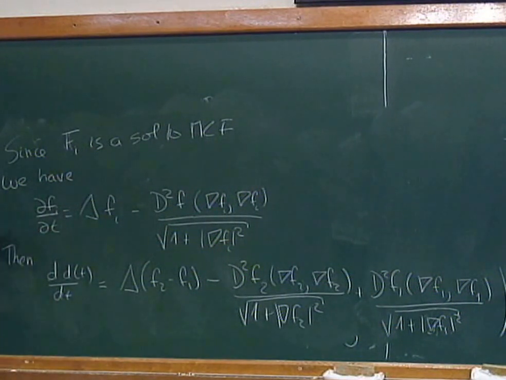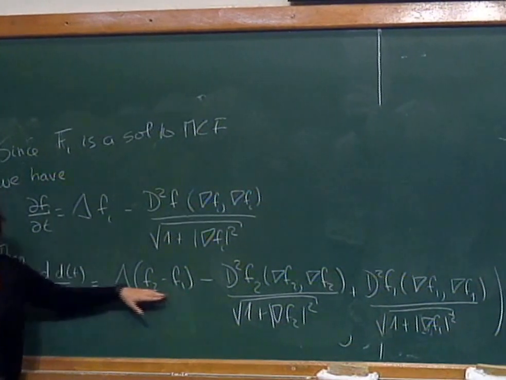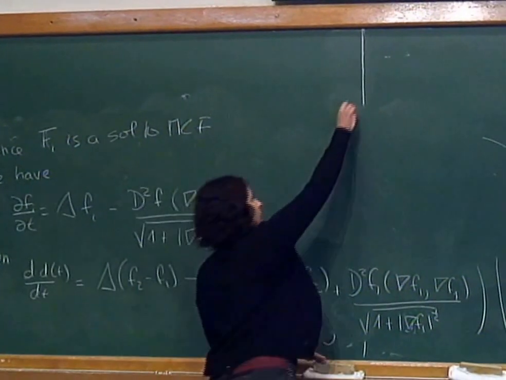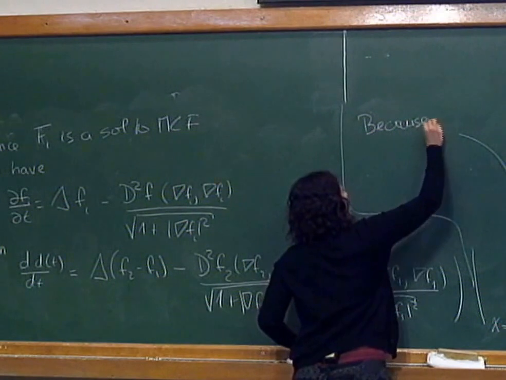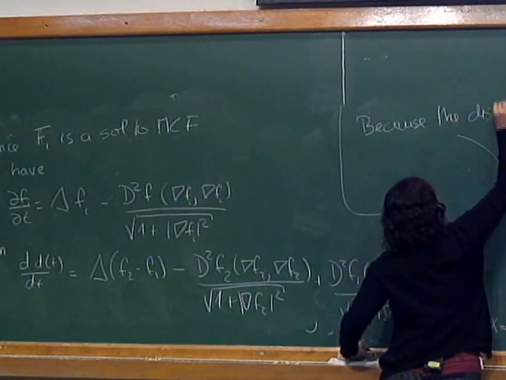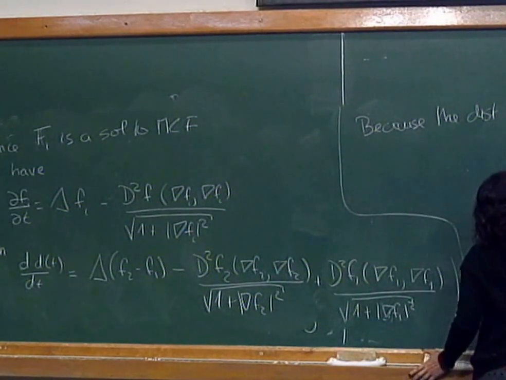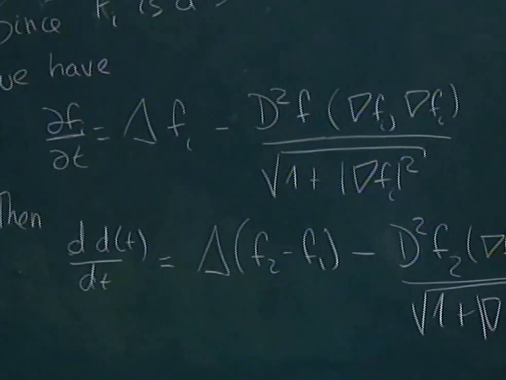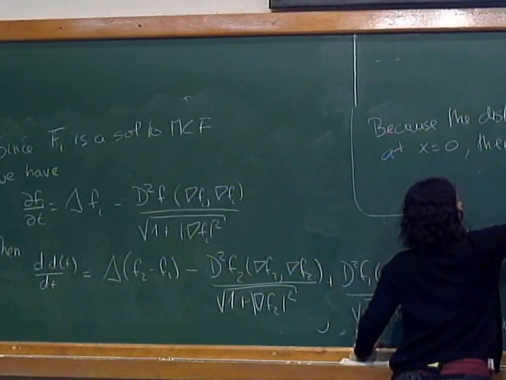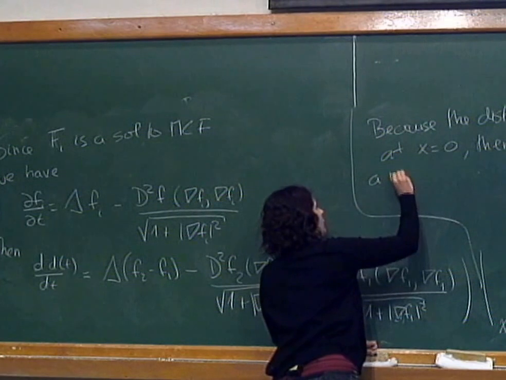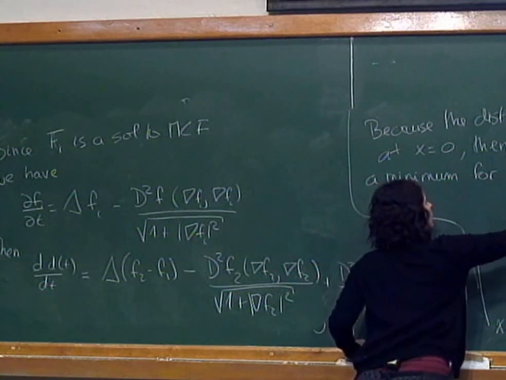And notice the following: because this is the point where the distance is attained, x equals 0 is a minimum for f2 minus f1.